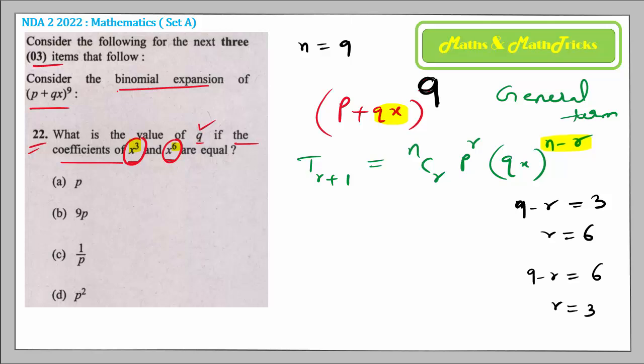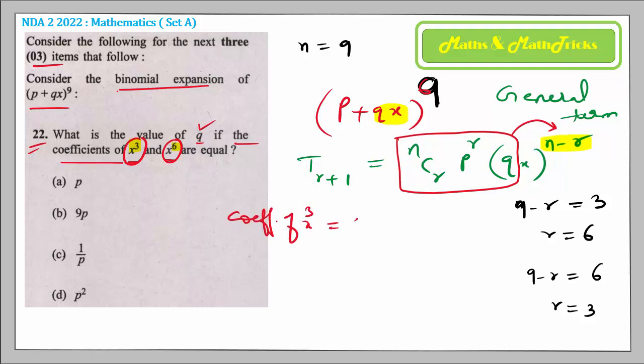Did you get that? Accordingly, you can now easily calculate the coefficients of x cube and x to the power 6, using the power of q as n minus r. I am writing that for you. The coefficient of x cube is equal to the coefficient of x power 6.